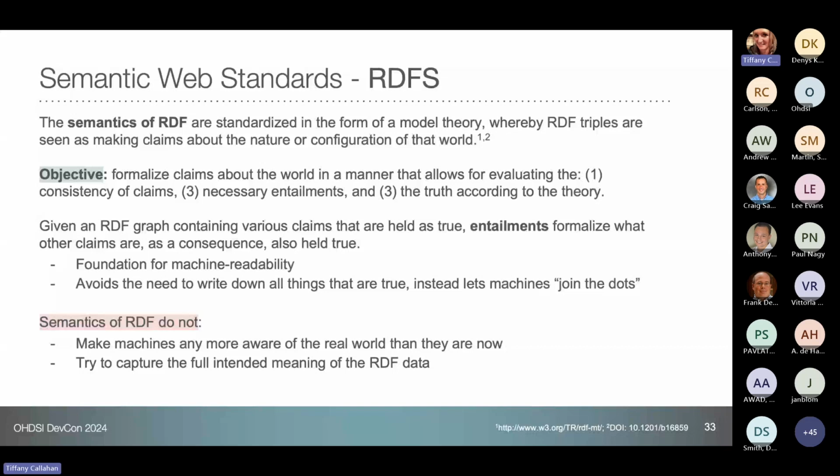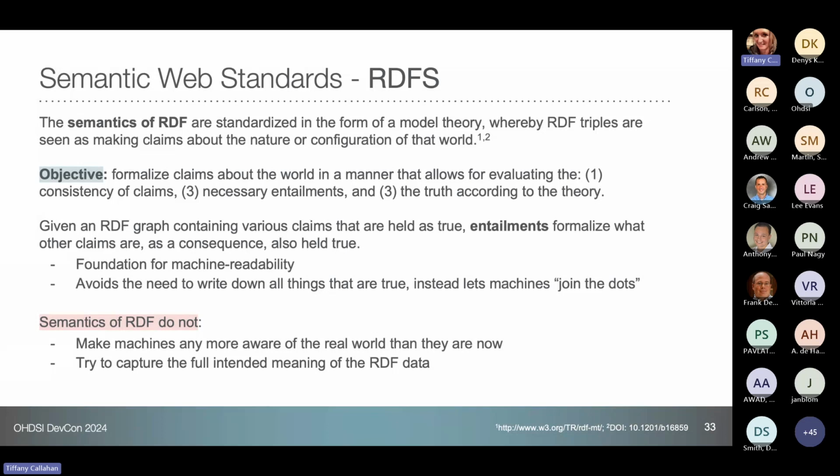So given an RDF graph containing various claims that are held as true, things like entailments formalize other claims that, as a consequence of our representation, must also be true. And this is a really powerful way to build really expressive knowledge automatically without having to necessarily know ahead of time all the claims that have to be true given one fact.